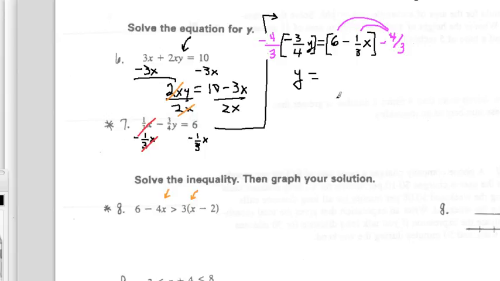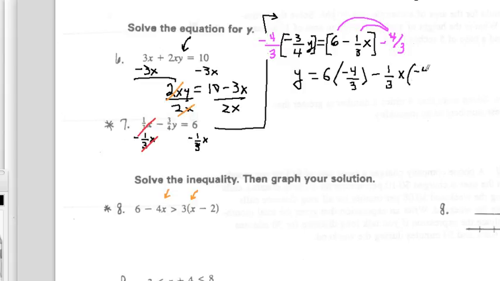We're almost there. So let's do this the long way. This is 6 times negative 4/3 minus 1/3 x times negative 4/3.